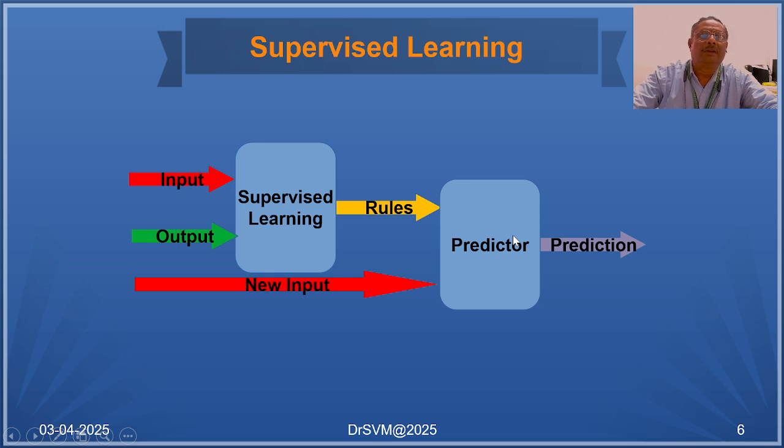How it creates the rules and all are the internal problem of the machine. It's not a problem of the one who is programming it. And once the machine is ready, it's ready for prediction and all that.